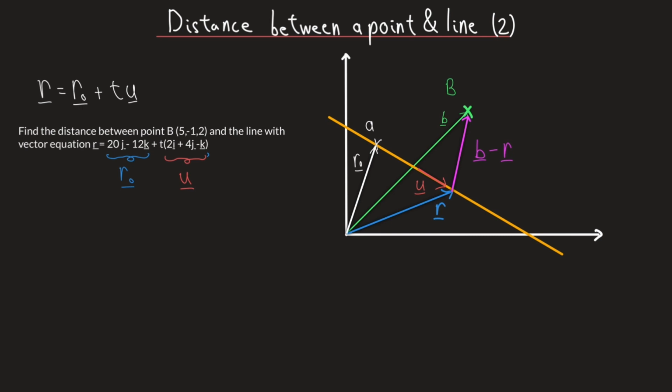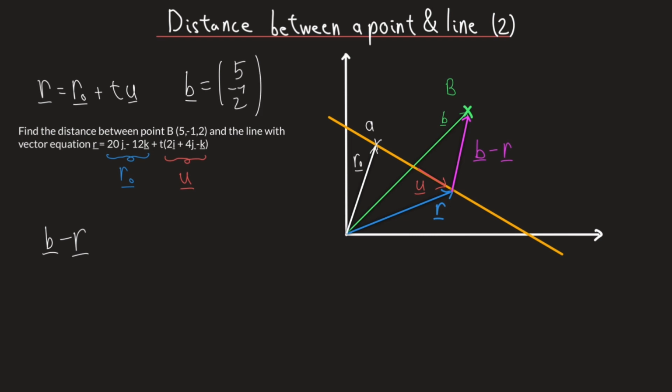So first, let's determine the coordinates of b minus r. We note that the coordinates of our vector b will be the same as the coordinates of our point uppercase B, and therefore b will be equal, in coordinate form, to 5, -1, and 2.